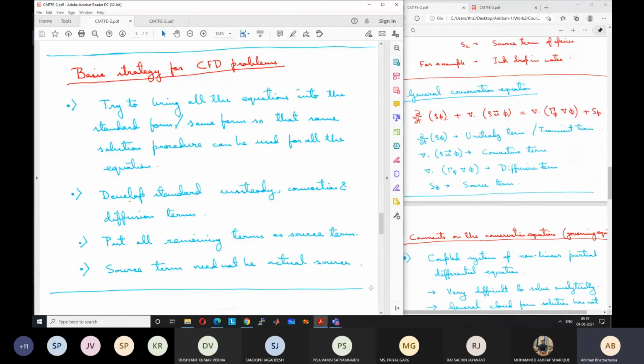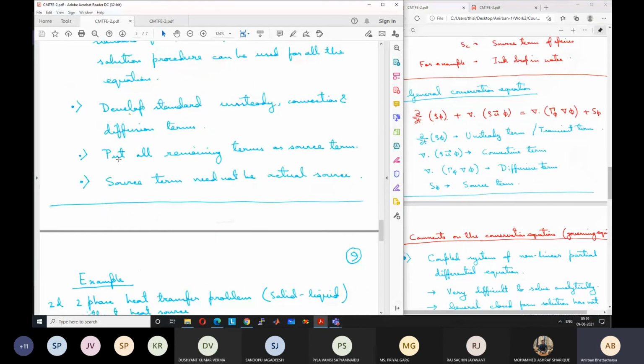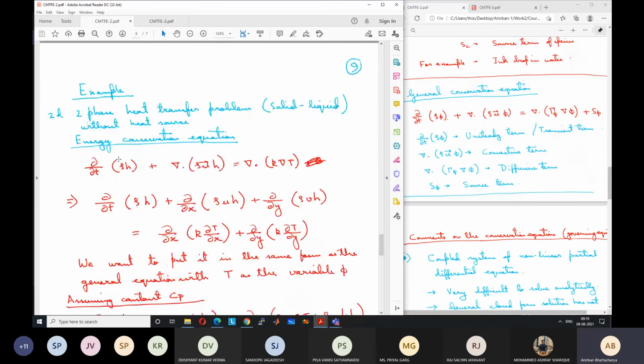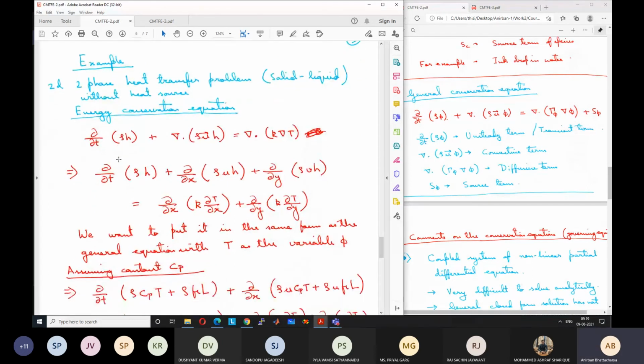Let us look at an example. Let us consider a 2D heat transfer problem with phase change, where there is solidification or melting going on. Solid-liquid phase change is occurring and there is no heat source. Whatever temperature or heat input or heat extraction is occurring is due to the boundary conditions.